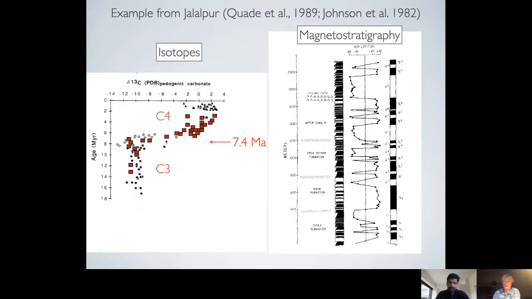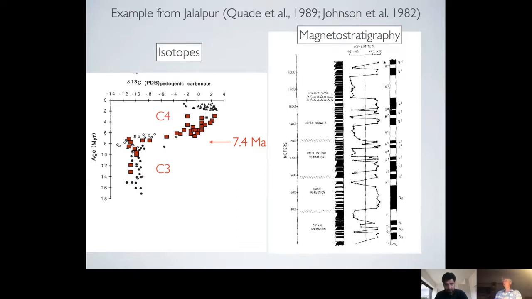The open circles are the Kali-al-Khas. This is the Jalalpur data from Quade et al. 1989. And then the magnetostratigraphy that was used to calibrate this came from Opdyke, Johnson et al., published in 1982.